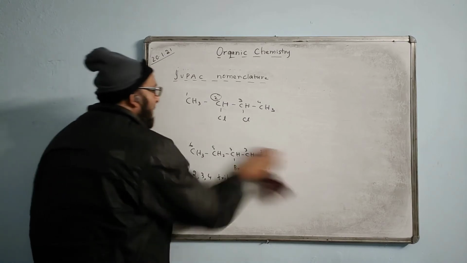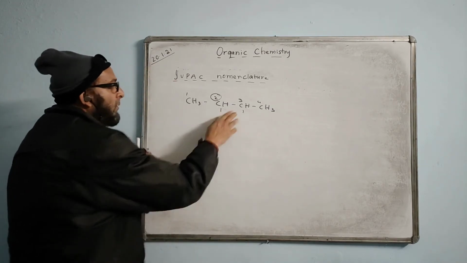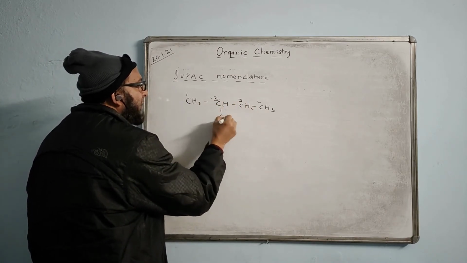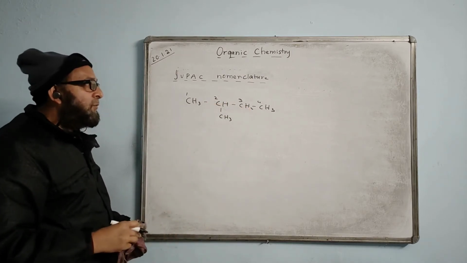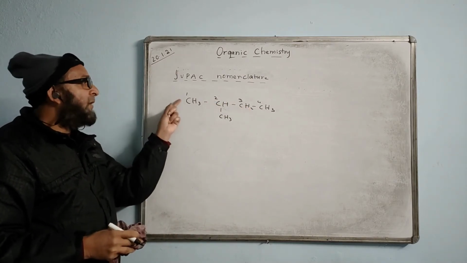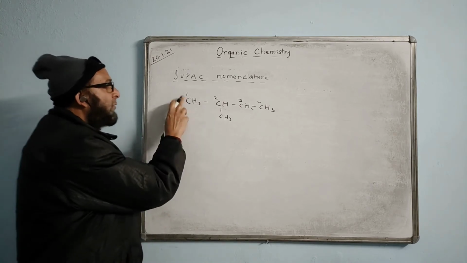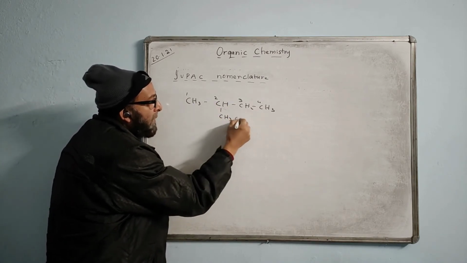Okay. Now sometimes you may have this: I give one with only CH3 there. So will you give the number from the left or from the right side? From the left side. So 1, 2, 3, 4. CH3, when it comes in the branch, is called methyl. Remember it.